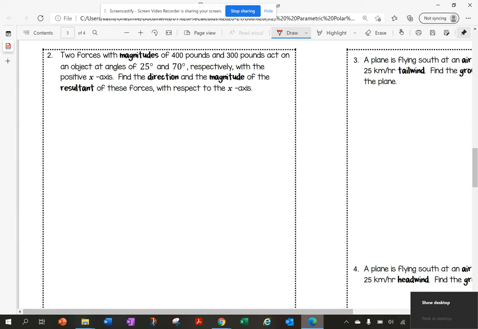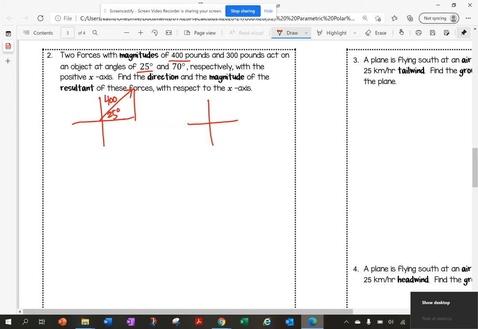Okay, so I'm going to draw these two forces on two separate diagrams. So one of them is 400 pounds at 25 degrees. So this is 400 at 25 degrees.